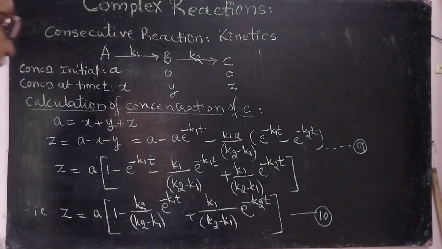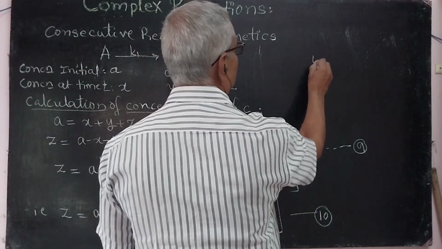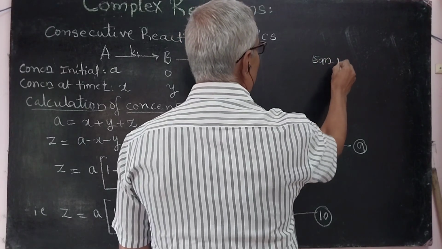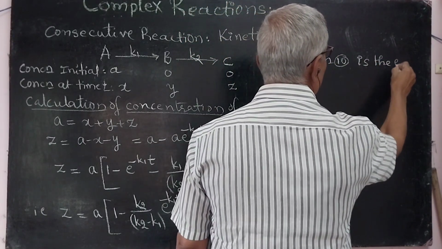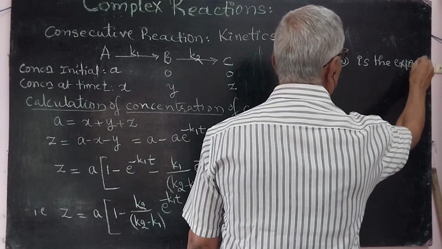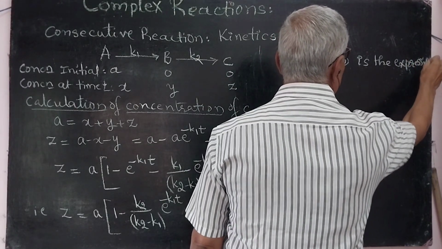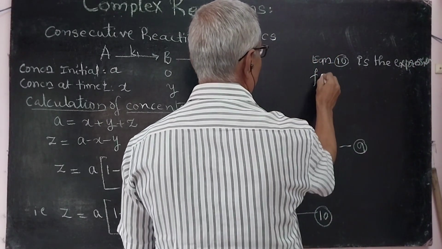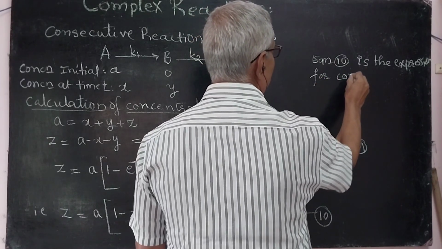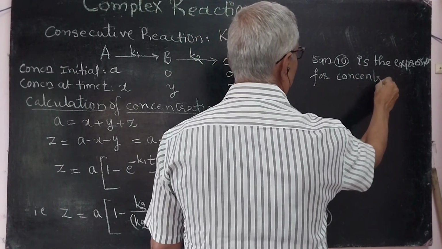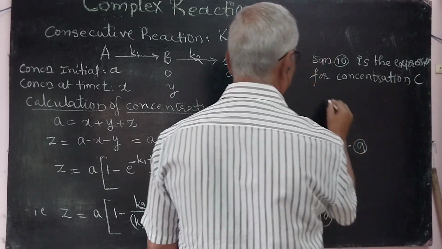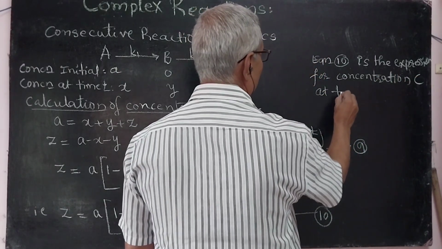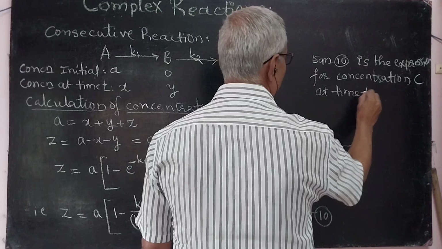Equation 10 is the expression for the concentration of C at time t.